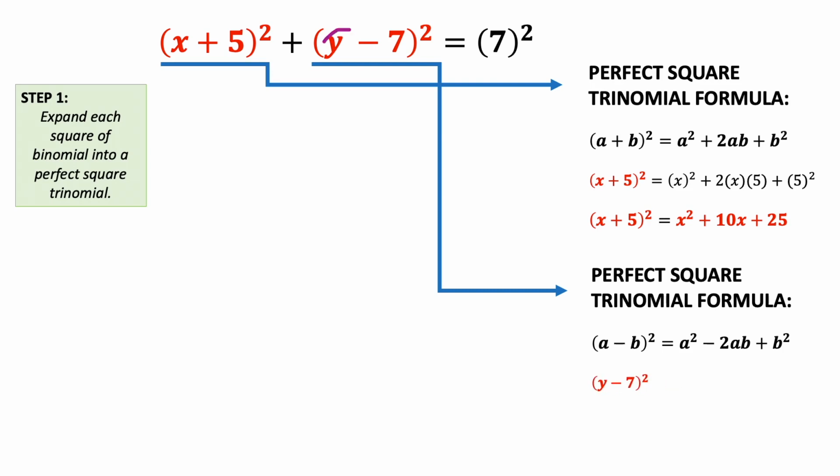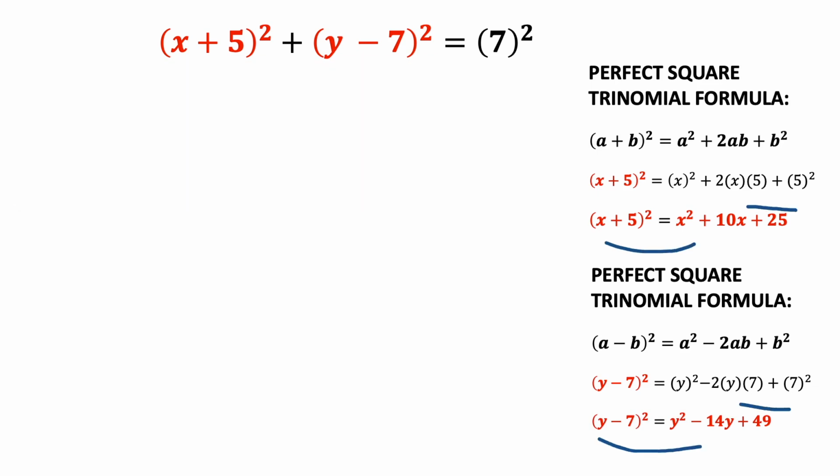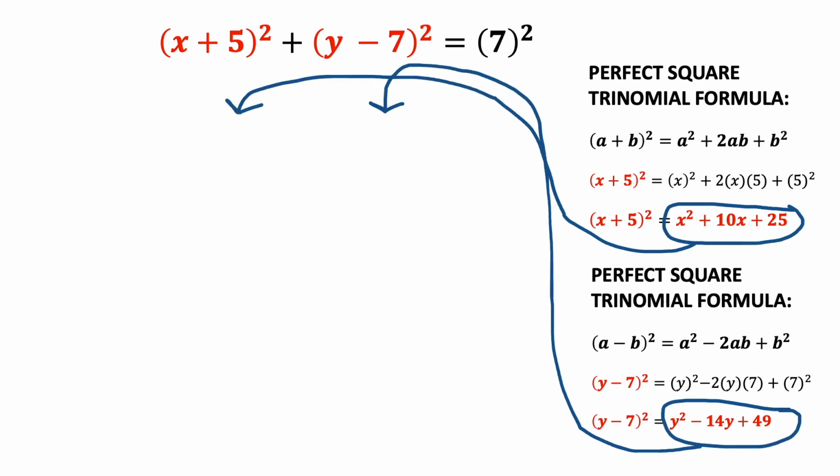Here, the value of a is y and b is 7. We will substitute these values to the formula. This will in turn give us y squared minus 14y plus 49. As you can see, we already expanded the two square of binomials.